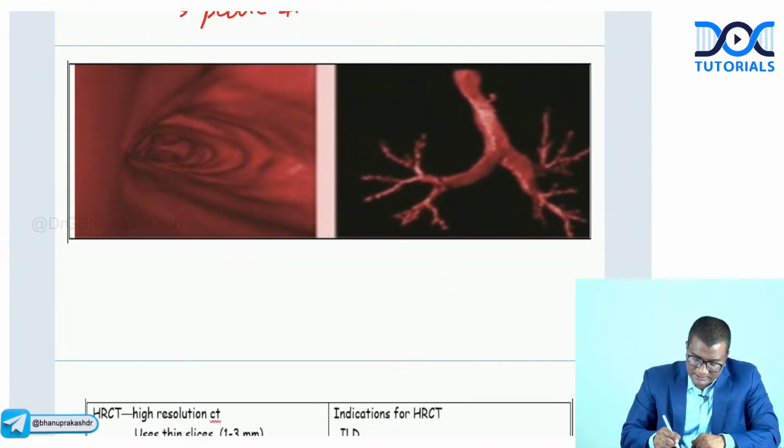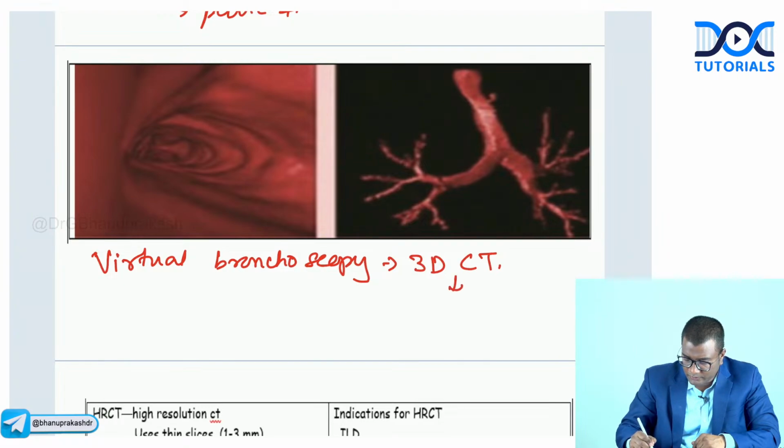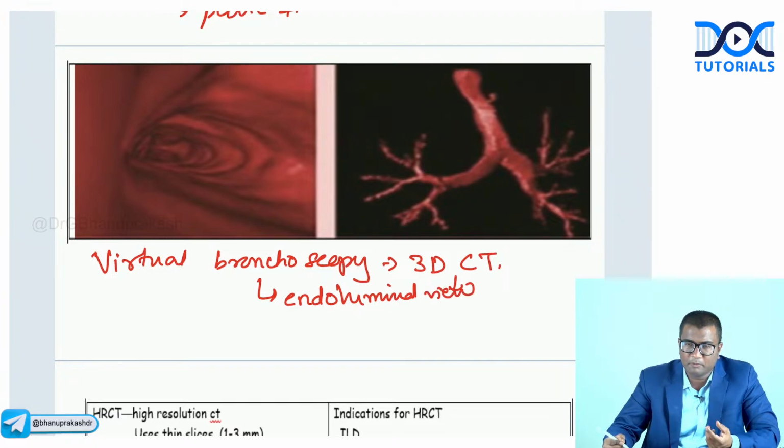And a similar 3D CT technique to look at the bronchial tree is your virtual bronchoscopy. Virtual bronchoscopy is a 3D CT technique which can give you an endoluminal view. The better thing about these 3D CT techniques, CT colonoscopy and virtual bronchoscopy, is that you can go beyond the area of stenosis also.